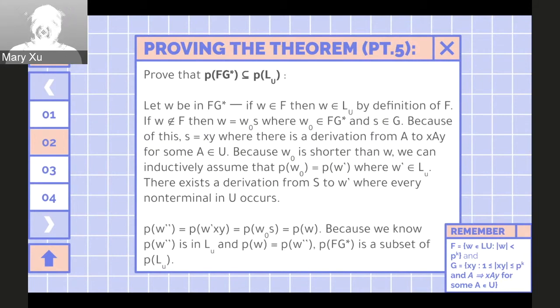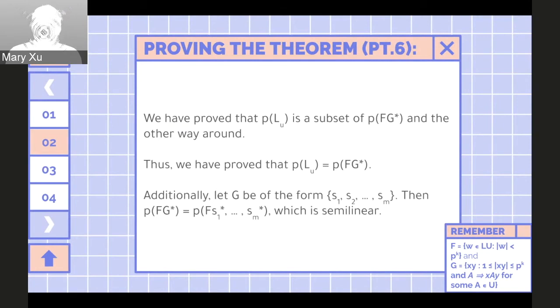We can inductively assume that P of W0 equals P of W prime, where W prime is in L sub U. And from that, we can define P of W double prime equals P of W prime xy equals P of W0 S equals P of W. So since W double prime is in L sub U and P of W equals P of W double prime, we have proven that P of FG star is a subset of P of L sub U.